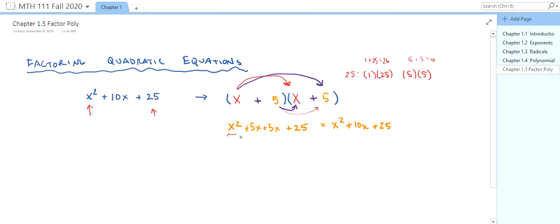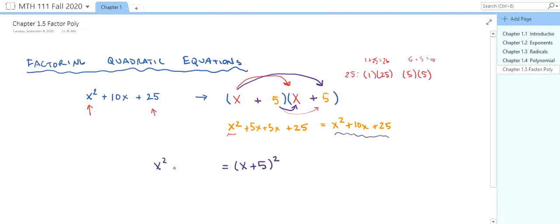So we've got x times x is x squared, x times 5 is 5x, 5 times x is 5x, and 5 times 5 is 25. And just to check things, it's usually a good idea to check to make sure you got your factors right. So x plus 5 and x plus 5 are factors. Now it just happens to turn out in this case that it's a perfect square. So we could say this equals x plus 5 squared.